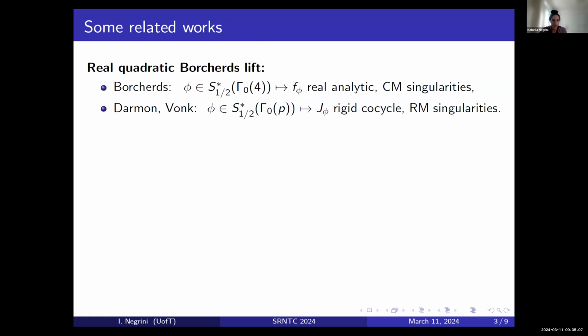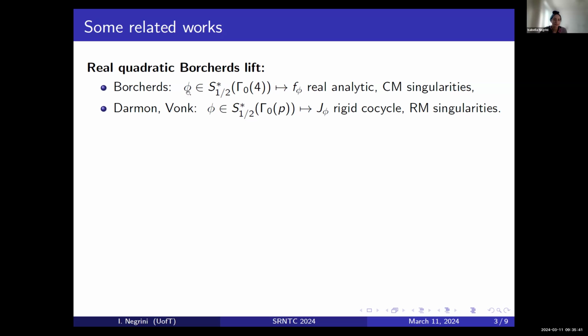Now I wanted to give some background and mention some works in this p-adic Kudla program. The first one is a work by Darmon and Vonk, which is an analog of something that was previously done by Borcherds. At first, what Borcherds did is he associated to phi a nearly holomorphic modular form of half integral weight. He associated to this a certain real analytic function having singularities at CM points, and they are determined by the principal part of the starting object.